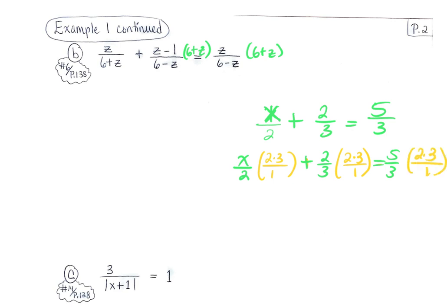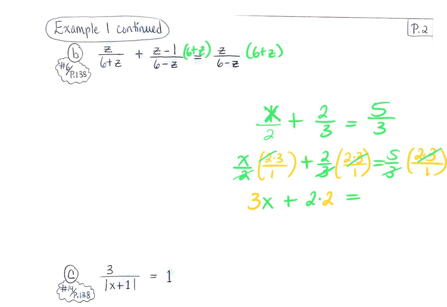And then what happens is the 2's cancel, leaving us with 3 times x plus, what cancels in the next part? Come on, what cancels in the next part? The 3's, leaving us with 2 times what? 2 equals, what happens in the next part?